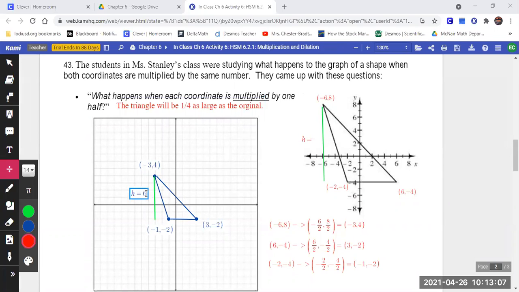Half. So if 6 is half of the number, how big is the other one? 12. Okay. So now we need our base. Our base is only between our two coordinates, okay? So how long is it between our two coordinates for the original?